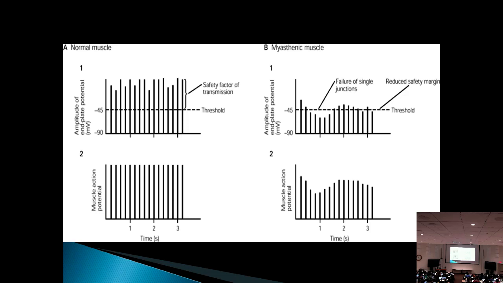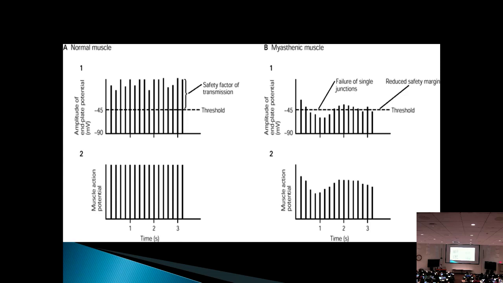The abnormality is that, look at the great reduction here in the safety factor. So now that normal drop in the release of acetylcholine, we're now falling below at certain times the threshold for full muscle fiber activation. Okay, so we get clinical weakness with fatigue.